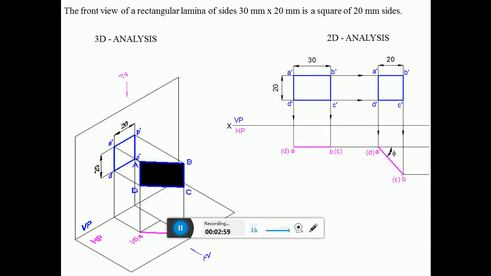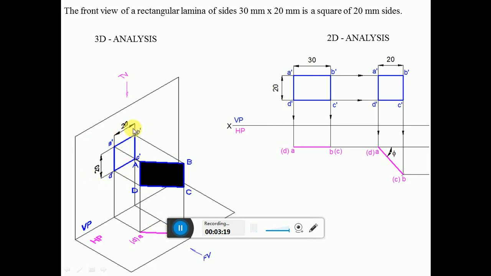Then the front view of the rectangular lamina is a square of 20 mm side. So the rectangle of 20 by 30 is rotated by a certain angle till it becomes a square of 20 mm side.